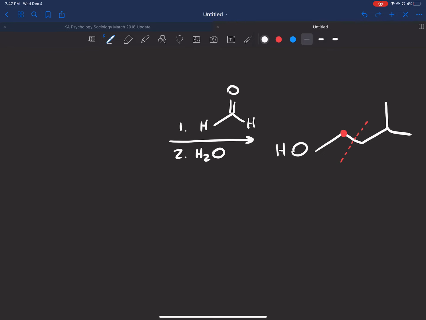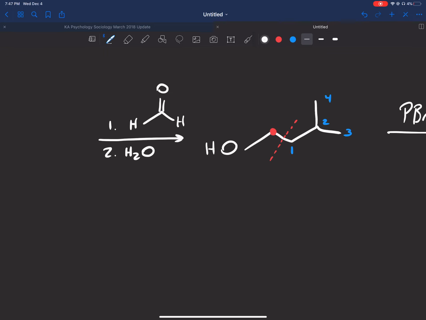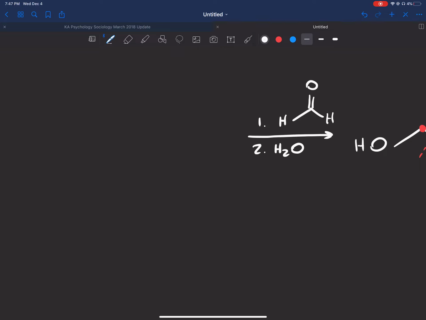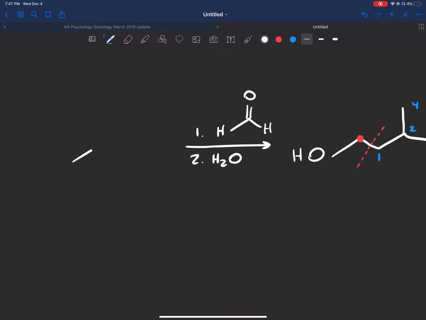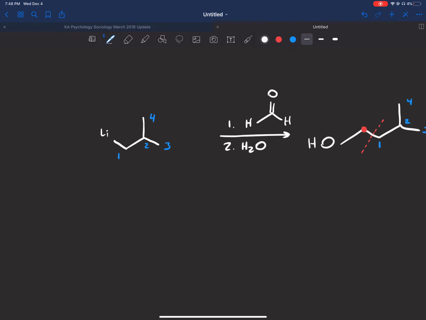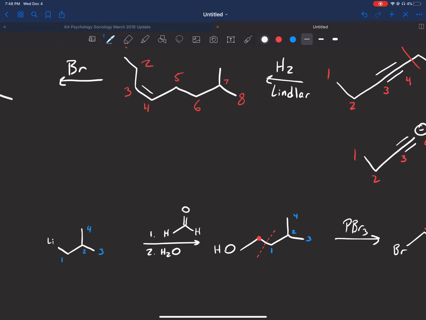Then let's just count the carbons quickly: 1, 2, 3, 4. This carbon over here in red was part of the carbonyl. So we have this 4 carbon compound, and it looks like this: 1, 2, 3, 4. And that means off carbon 1 we had the lithium, Li. That would be the end of the synthesis because that's 4 carbons or less.